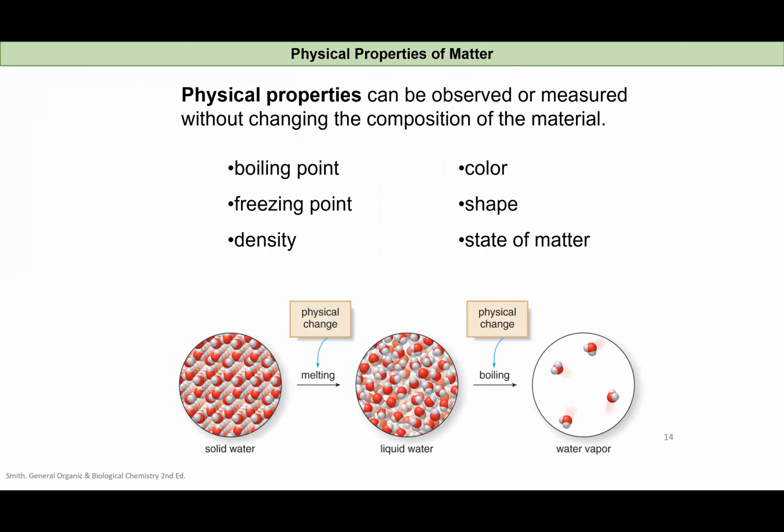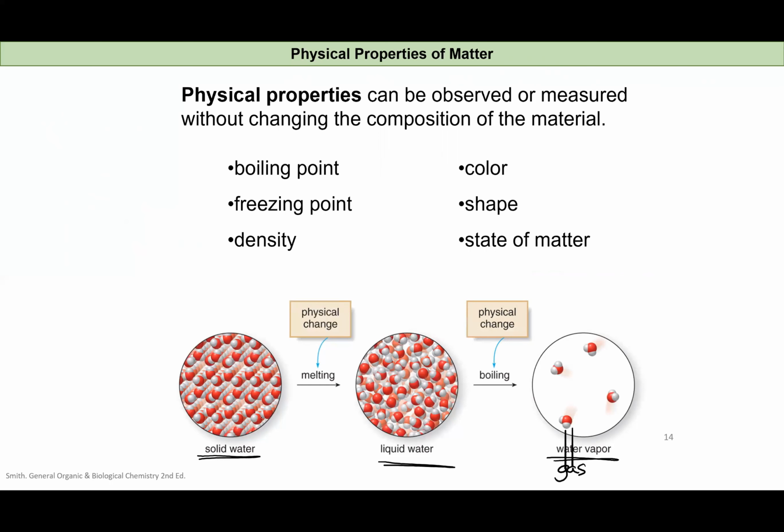So we'll look at both physical properties and chemical properties of our matter. And starting with physical properties, those three states that we just discussed, solid, liquid, and gas, are all physical states that our compound water in this case can have.